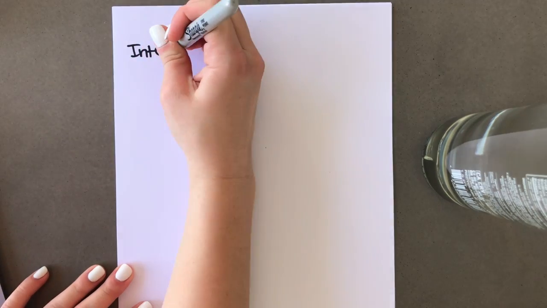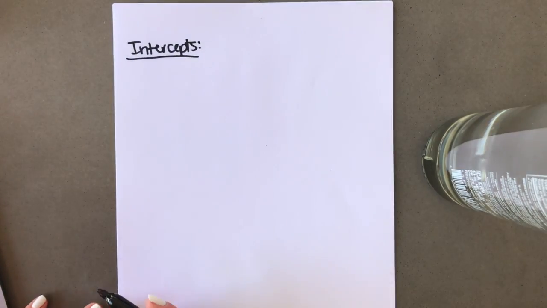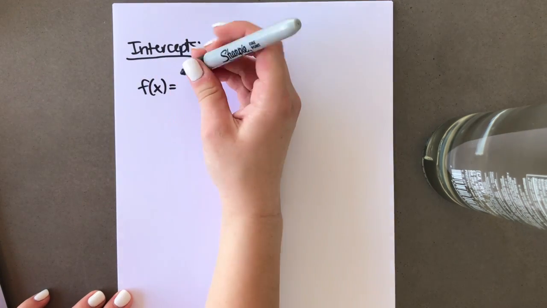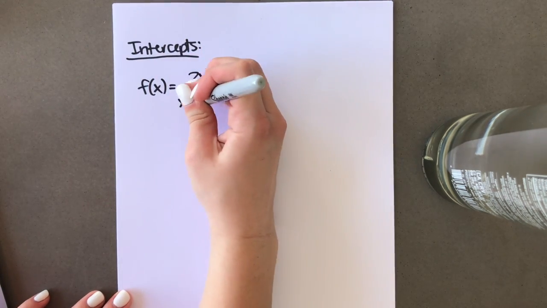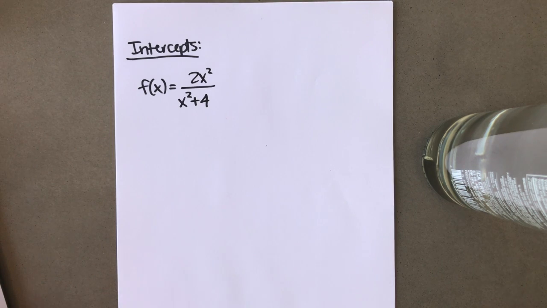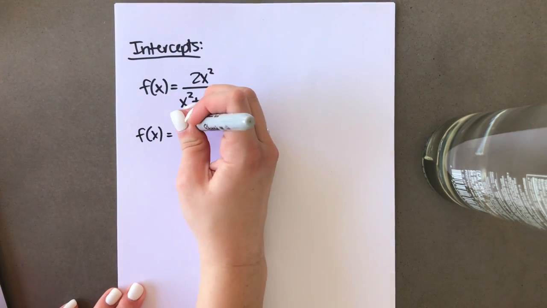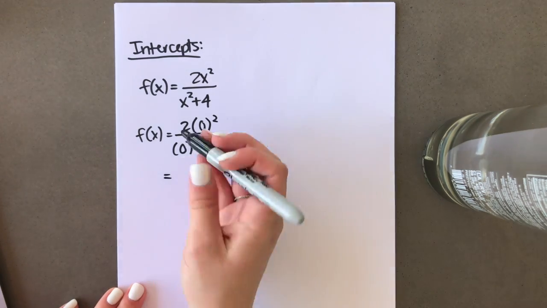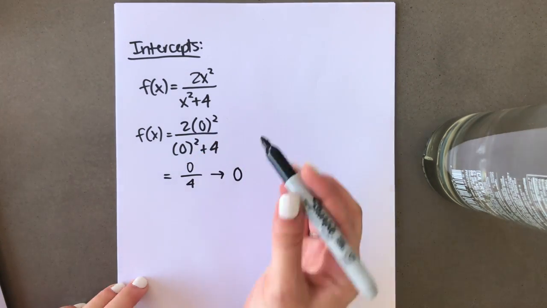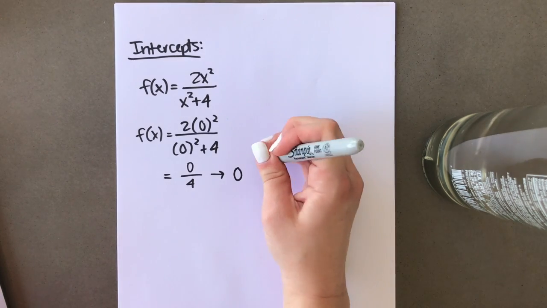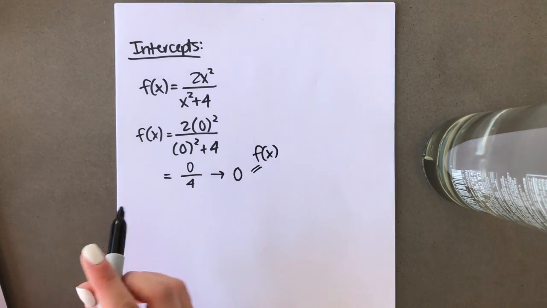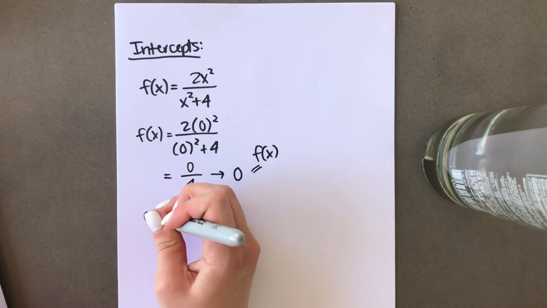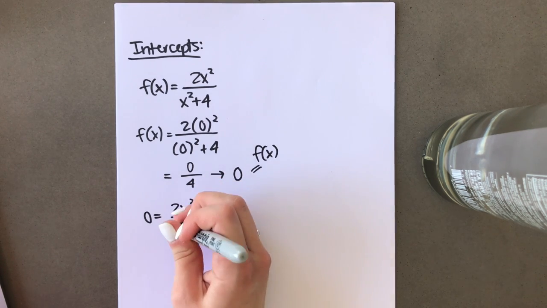Next, I'm going to calculate the intercepts. I'm first going to plug in 0 for x to find the y value. After getting 0 for y, I'm going to plug in that same number into the equation to find the x value.